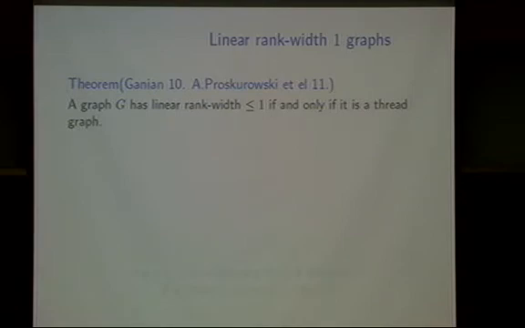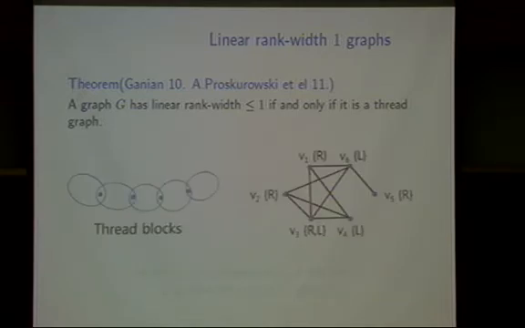And we give a linear rank-width one graph, a linear graph. We can prove that G has linear rank-width at most 1 if and only if it is a thread graph. A thread graph looks like this.